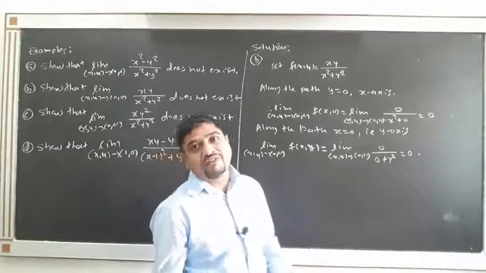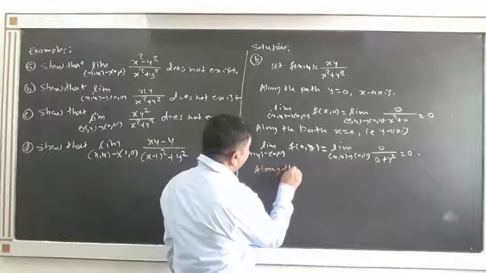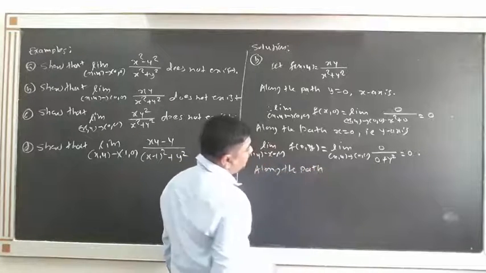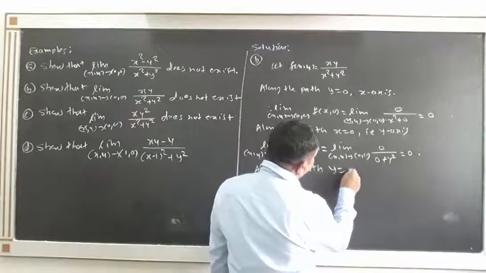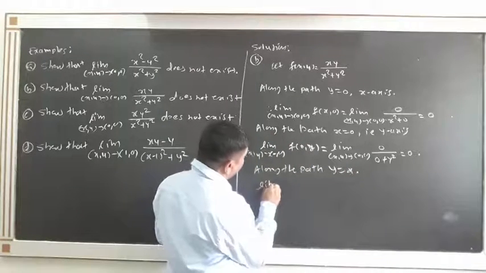So many paths are available. Go for the next path. Suppose along the path y is equal to x. Then what we can write?